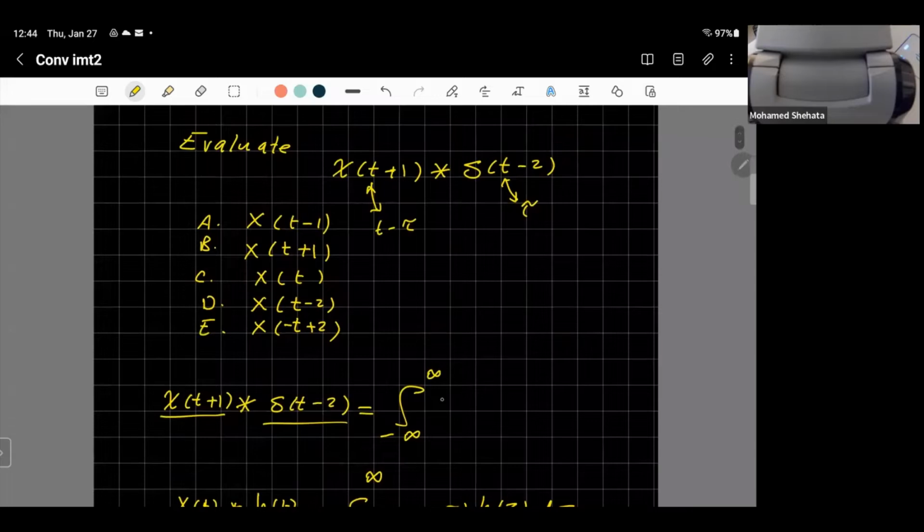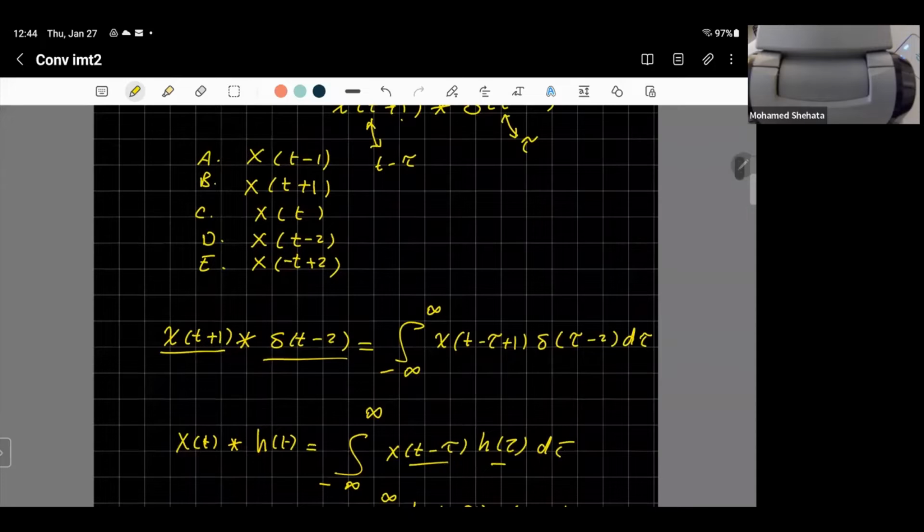So when you do that, you'll have x of t replaced by t minus tau plus 1 as the expression, and delta t will be tau minus 2, delta tau. Remember, you are now integrating with respect to tau. Yes, t is a constant.